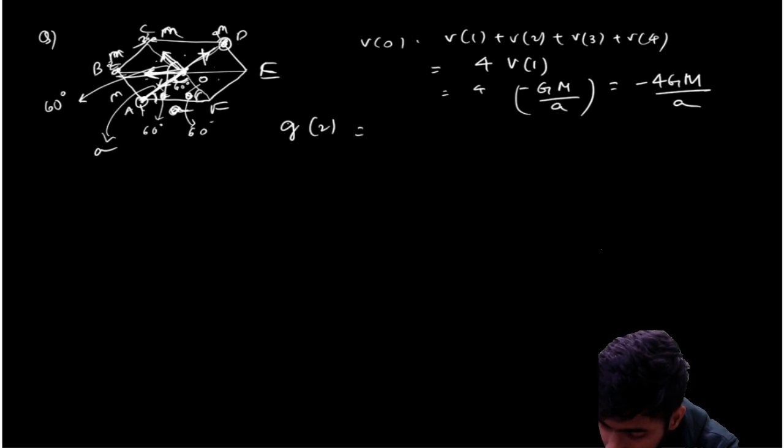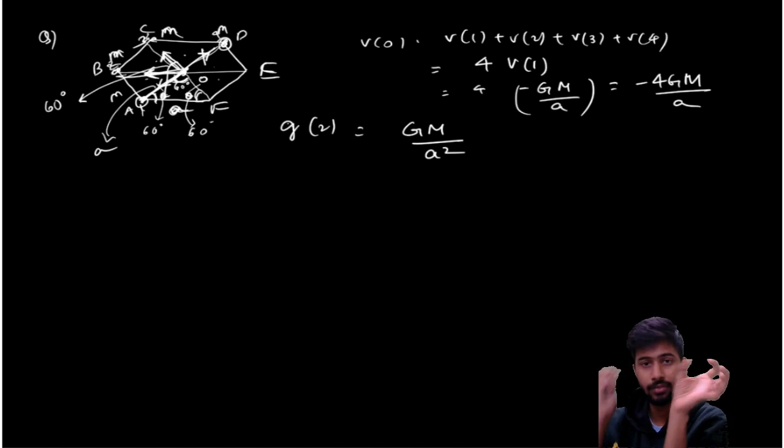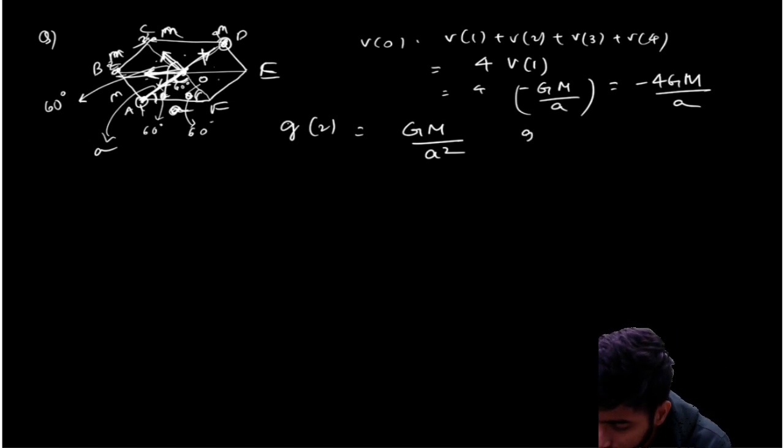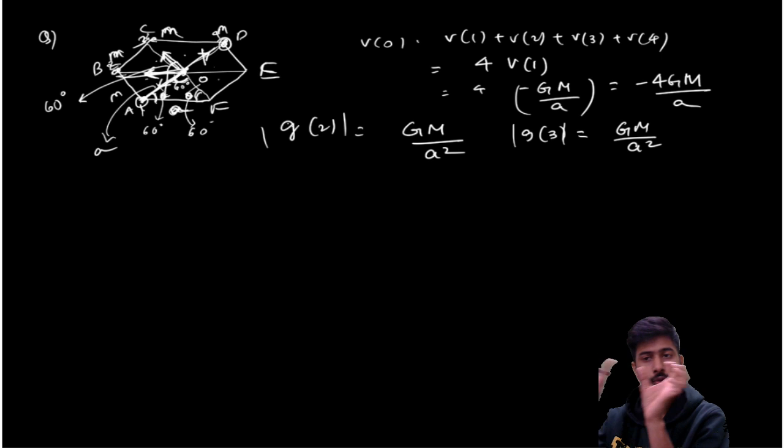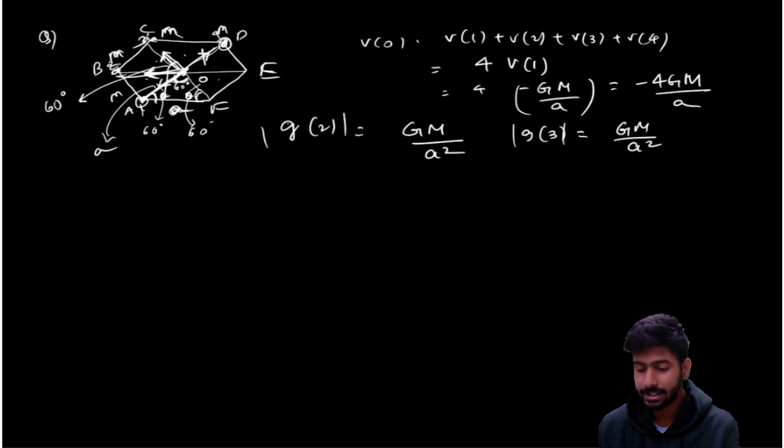It's nothing but Gm by A square. Field due to 3 will also have the same magnitude, Gm by A square. I'm talking about the magnitude here. You have two vectors of this magnitude each. The angle between them is 60. You just need the resultant now, right?